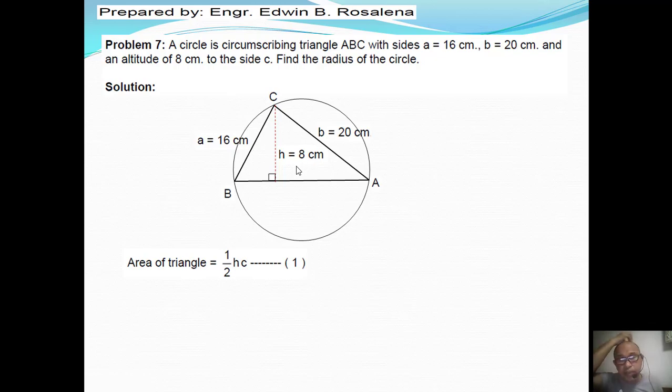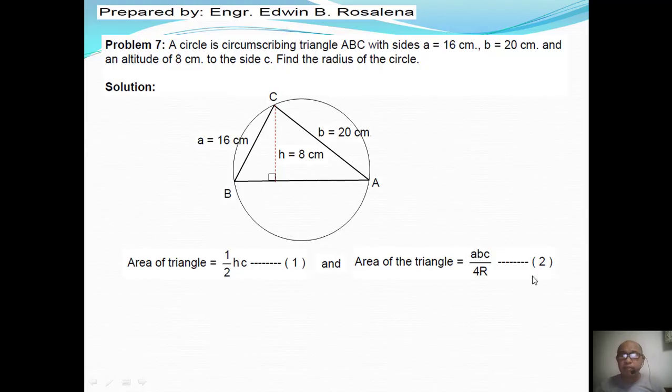I call that equation 1. Now, also, if I have C here, I can express the area of the triangle in terms of the three sides and the radius of the circumscribed circle. Area of the triangle is equal to ABC over 4R. I will call that equation 2.